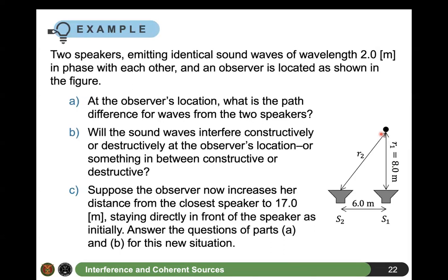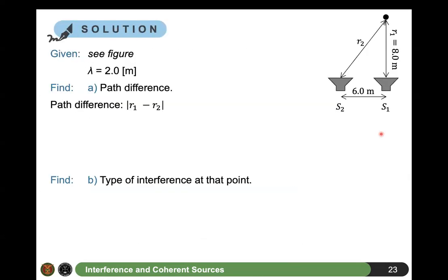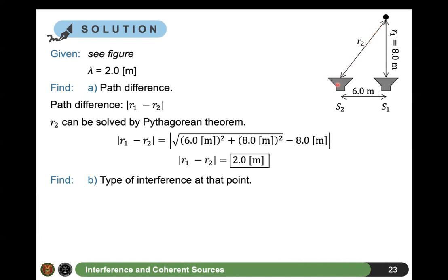Okay. So first, letter A. Path difference muna in this example. So in this configuration muna, the path difference, R1 is this. We don't know R2, but we can get it by Pythagorean theorem. So R2 is just square root of 6 squared plus 8 squared.